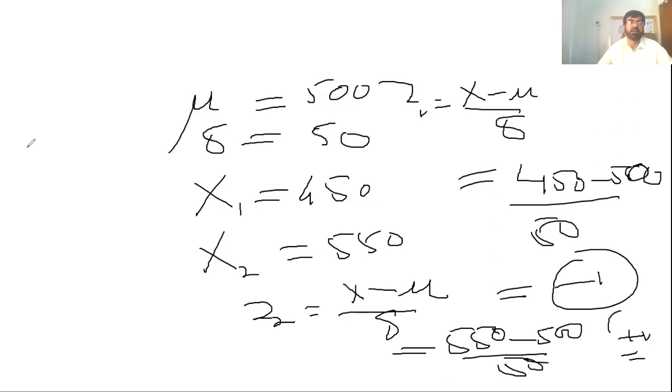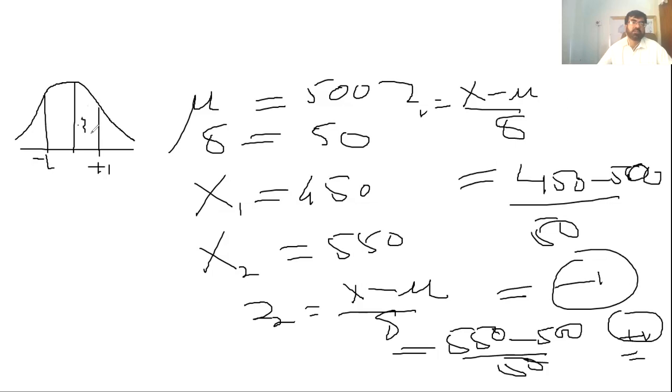So if you draw a curve over here with 1 standard deviation, minus 1 and plus 1, 0.3413 is the area covered by 1 standard deviation in the Z table. 0.3413, and when they get together, they make 68.26%.